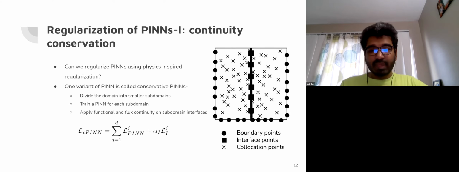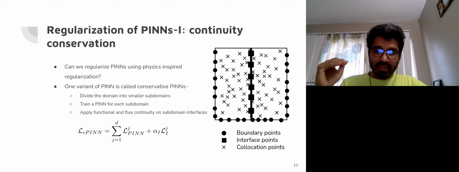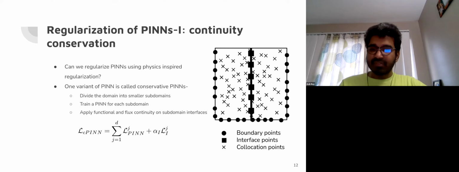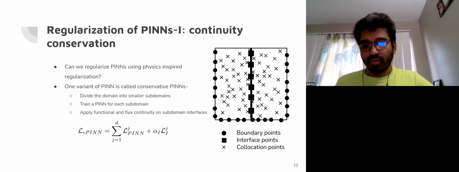Originally, this is meant to be a parallelization technique for training PINNs, because when you go to high dimension problems, you end up with a very large number of collocation points that might be very difficult to train over. But you can create smaller subsets of the problem, parallelize and train them, and simply enforce the continuity of the function and the flux at subdomain interfaces to make sure the solution looks smooth all over the place.